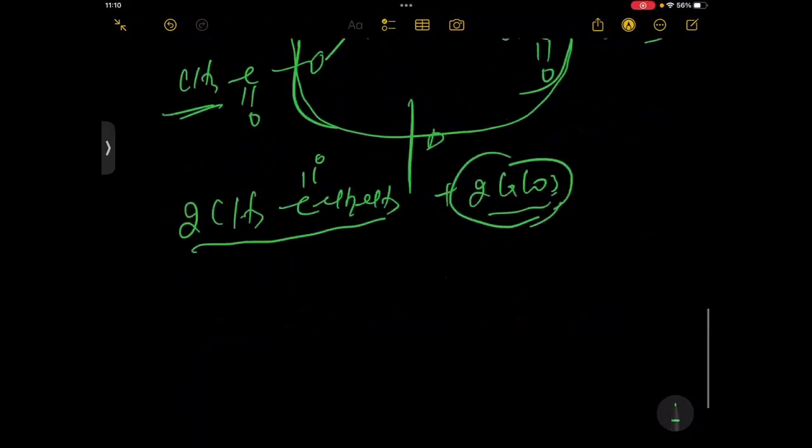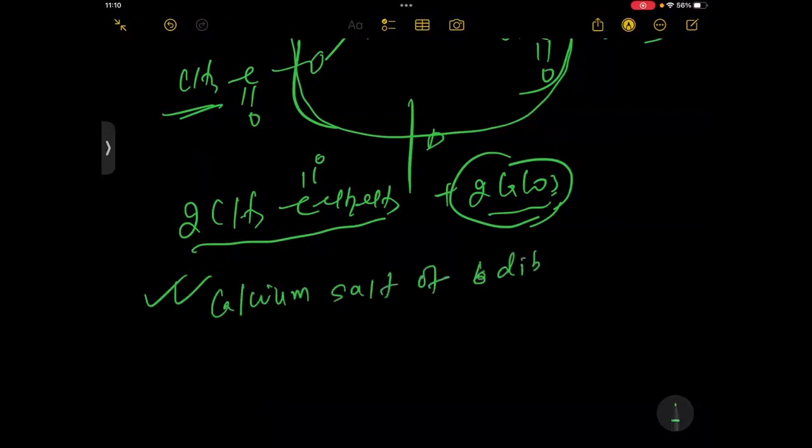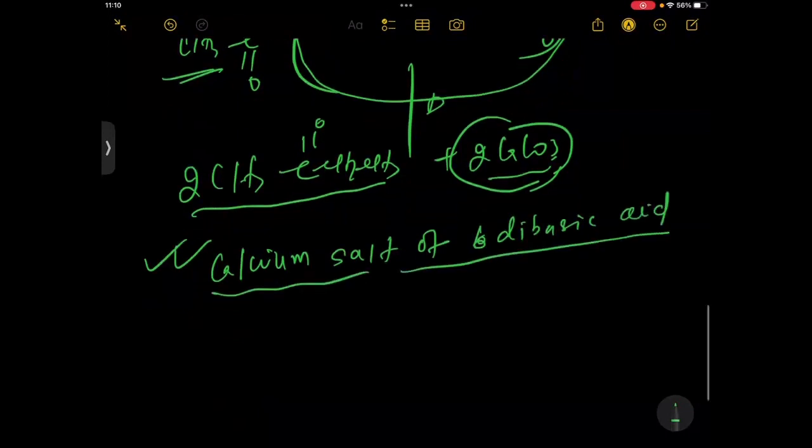Students, now the point is, if you have a calcium salt of dibasic acid, I mean, suppose either 1,4, 1,5, 1,6, 1,7 like that.